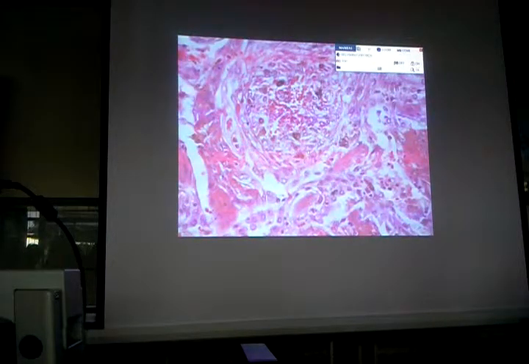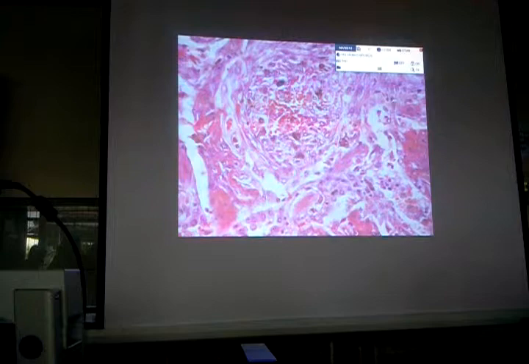Okay. The lumen is already markedly distorted, so the lumen of the blood vessel is still filled with red blood cells. However, the wall is already infiltrated by white blood cells. So, indicating that blood vessel is already inflamed.